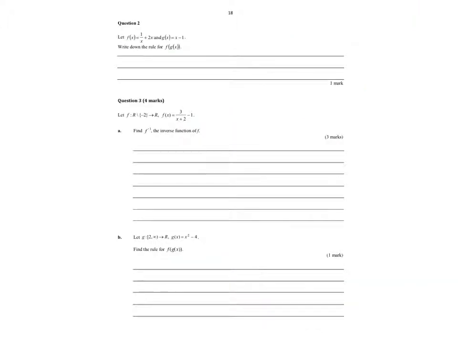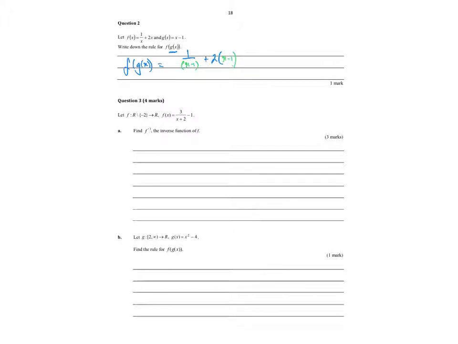All right, write down the rule for f of g of x. It doesn't ask us to prove it exists or anything like that. We just need to substitute g of x into the function f. So f of g of x is equal to, there's the function f, there's my g of x, plus 2 times the function x, which is x minus 1.